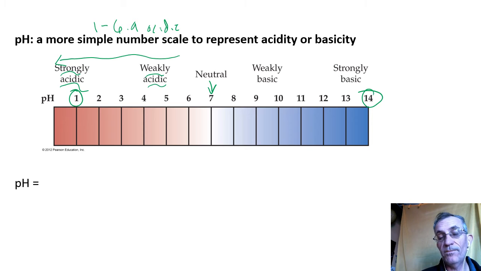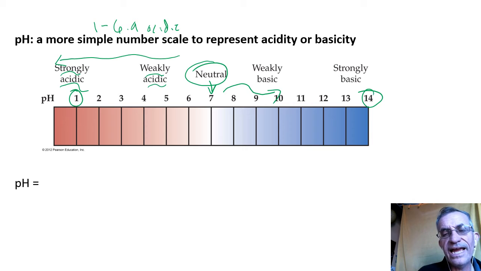Now, if we move from 7, which is neutral, in the other direction, that's where we find things that are basic. A little bit more than 7, you're just a little bit basic, weakly basic. If you're way more than 7, you are strongly basic, very basic.